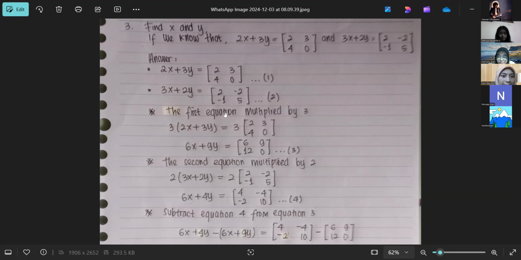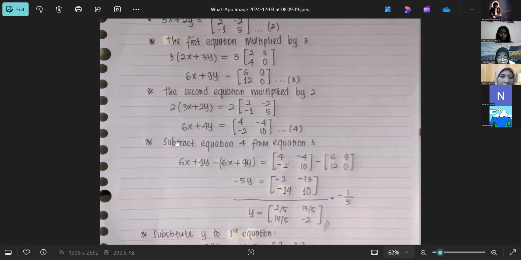The first equation I multiplied by 3, then the product is 6x plus 9y is equal to matrix 6, 9, 12, 0. I made this one equation 3. The second equation I multiplied by 2, and the product is 6x plus 4y is equal to matrix 4, negative 4, negative 2, and then 10. For this one, I made equation 4.